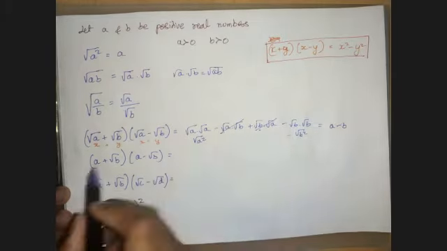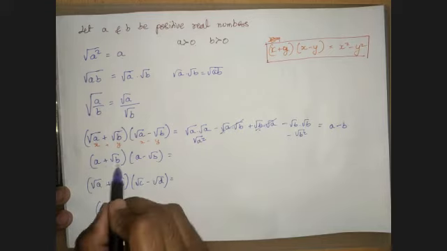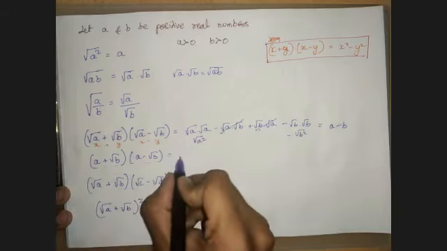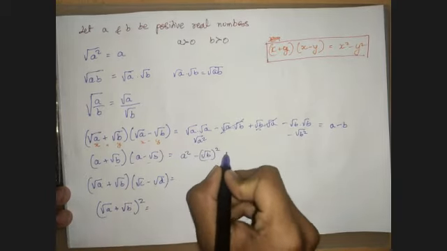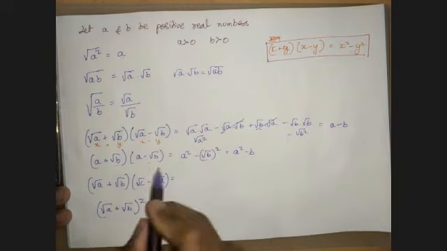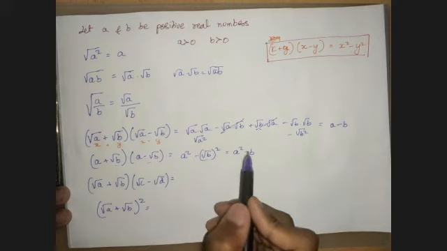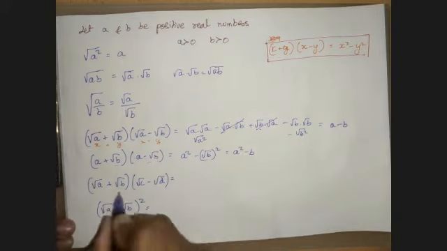We can use this because it is x plus y into x minus y form. Both are same. So I would get a square minus root b square. That would be equal to a square minus b. Right? This is more simpler. Or else I can do it by multiplying like this. That would be longer.